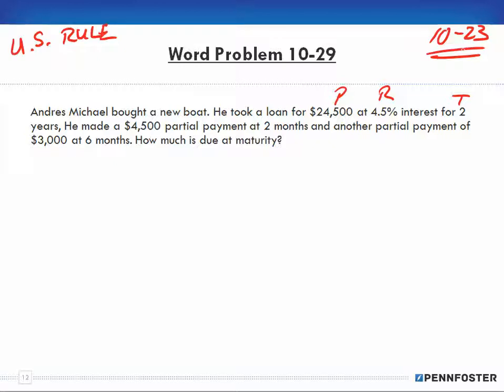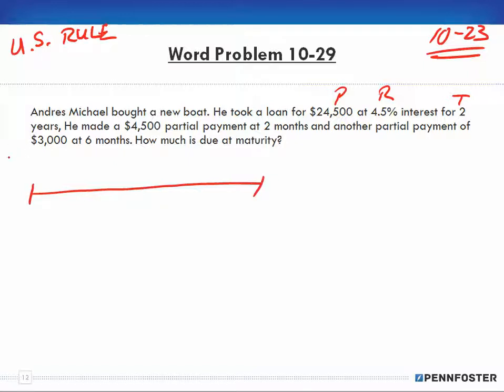So yes, this problem is going to take some time, but I'm going to try to cut it down short. Go back and watch the 10-23 video, as I'm just going to work through this problem because it's virtually identical to that one.